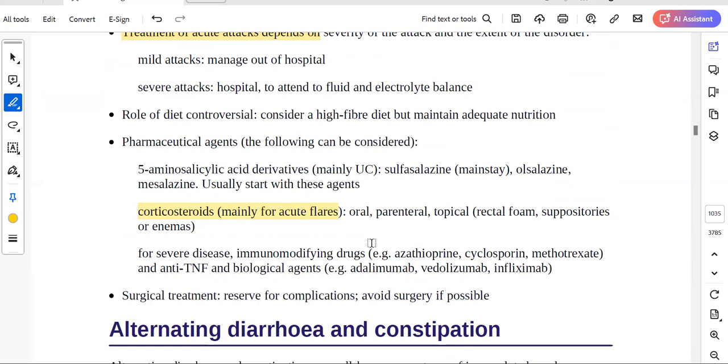But they also need to be on some maintenance treatment, which will be mainly sulfasalazine, a 5-aminosalicylic acid derivative, such as sulfasalazine, olsalazine, or mesalazine. That's usually the maintenance treatment. For severe conditions, sometimes even immunomodifying drugs such as azathioprine, methotrexate, or even TNF inhibitors might be needed.